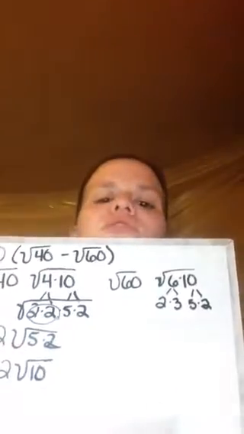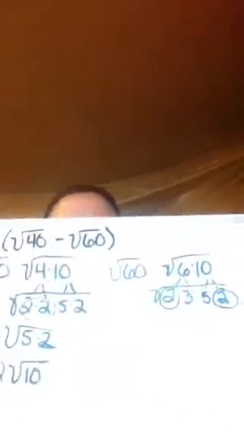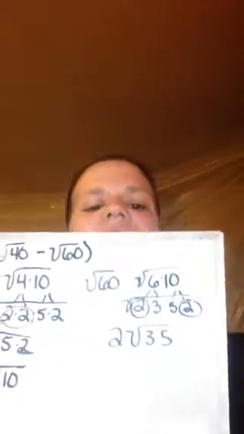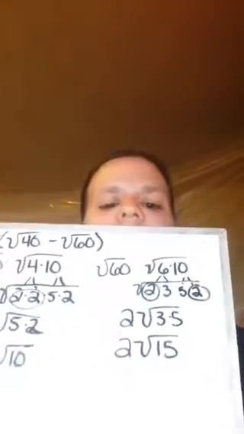And if we look, we have 2 2's underneath of there, so we can take them out again, because everything was still under the square root. Two similar numbers, 2 and 2, so we can move a 2 to the outside: 2 times the square root of 3 times 5. We don't have any more that are the same underneath the square root, so we can multiply it out again: 2 times the square root of 15.